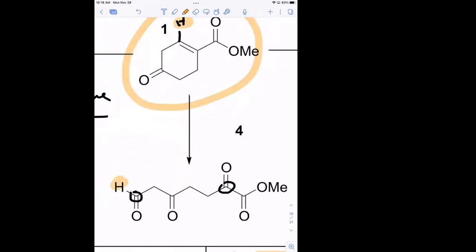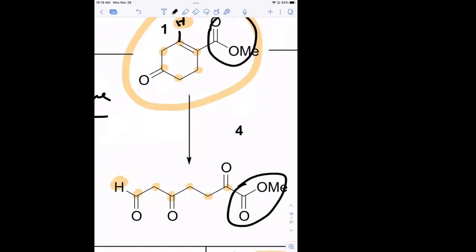And if we count the carbons in between, 1, 2, 3, 4, 5, 6 carbons, and this is 1, 2, 3, 4, 5, 6 carbons. So the chain length is going to equal the ring length. And since there's a substituent up here attached to the ring, we don't count that as a part of the backbone.